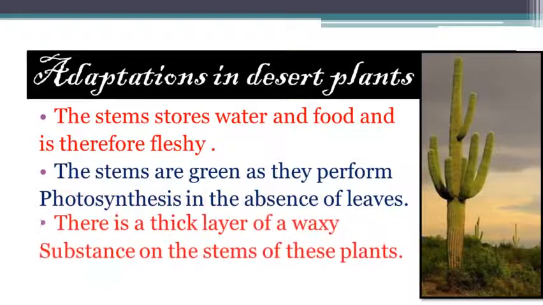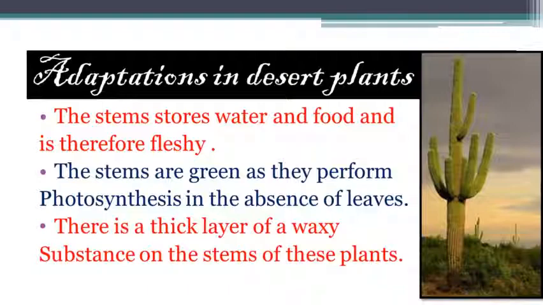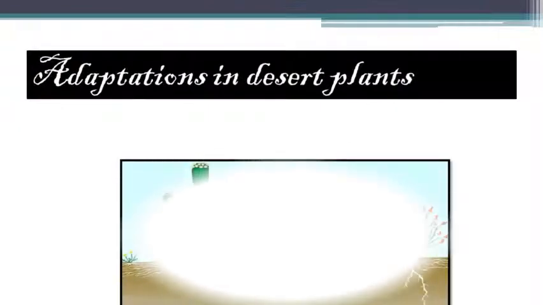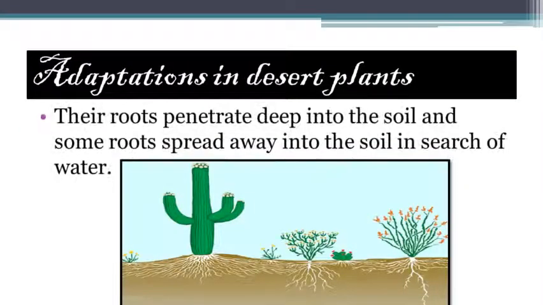There is a thick layer of waxy substance on the stems of these plants. Their roots penetrate deep into the soil, and some roots spread away into the soil in search of water. You can observe in the picture that the roots are penetrating deep into the soil in search of water. So this was the adaptation in desert plants.